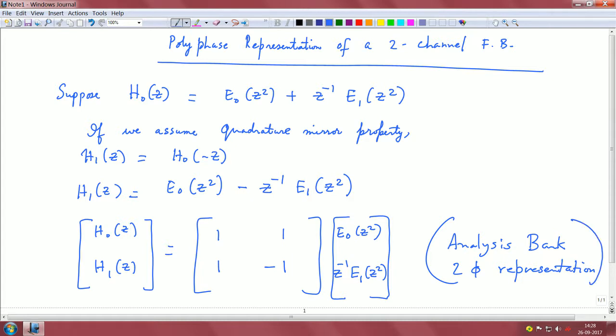And we can do this similarly for the synthesis bank. Basically, we will use the conditions for the alias cancellation.